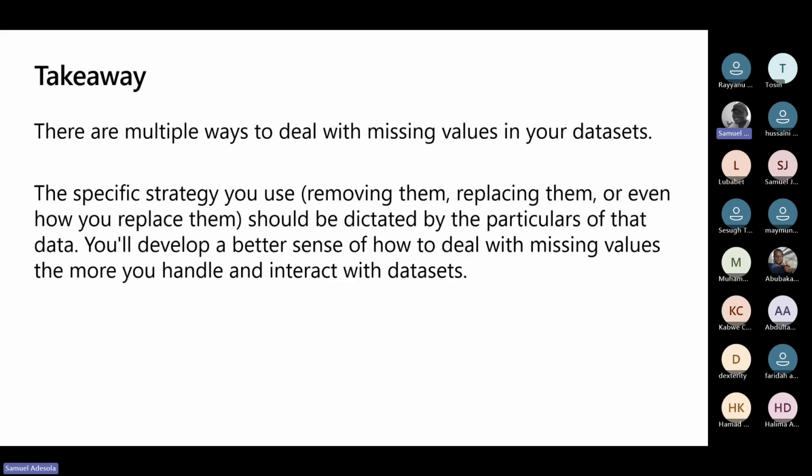So all this is dependent on you as a data analyst, and also on the data that you are looking at. If you're looking at a large volume of data, you can just choose to remove the duplicates or the missing values completely. But sometimes the data you're looking at is very small, so you don't want to be removing what is not even there at all. So you want a way to fill up your data instead of removing the duplicates.